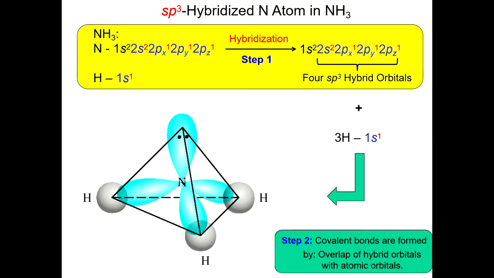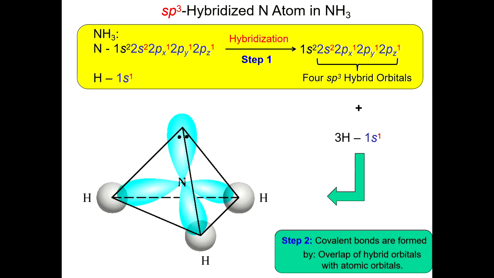It's not just simply overlapping P and S. It should form the hybrid orbitals firstly, and then overlap with another atom's orbital. Okay, so any question for this hybridization theory?